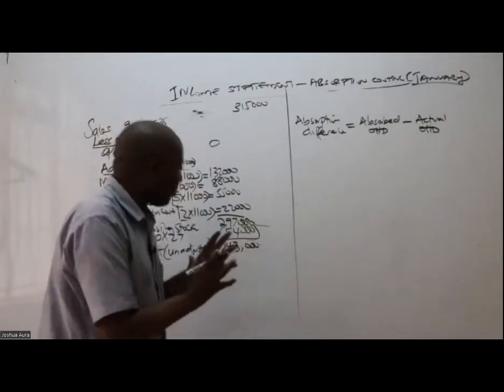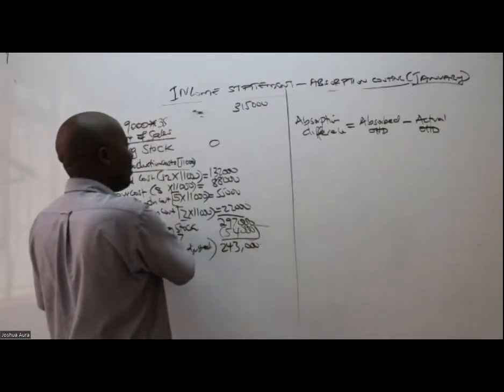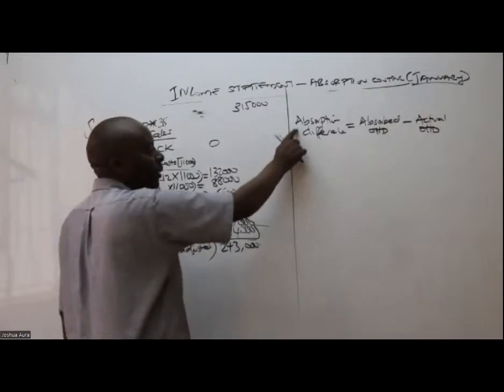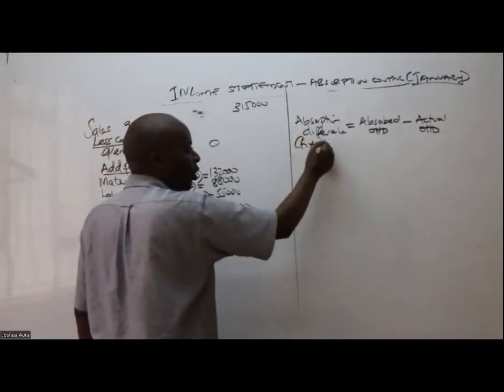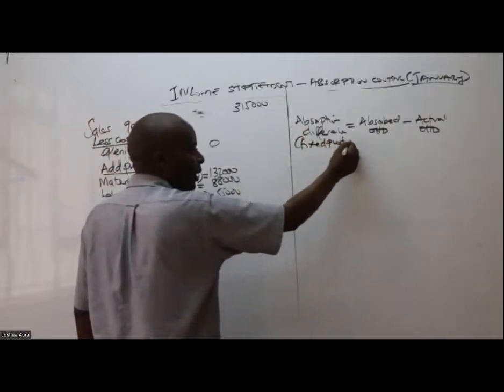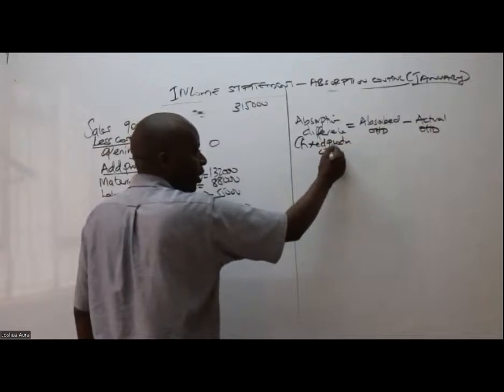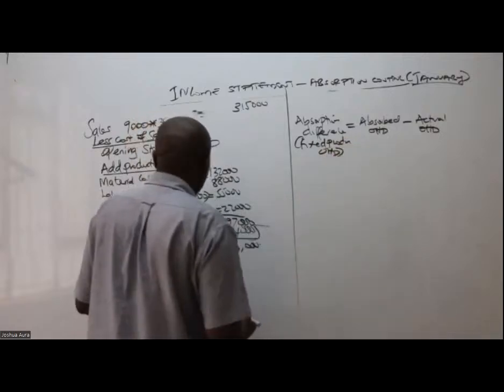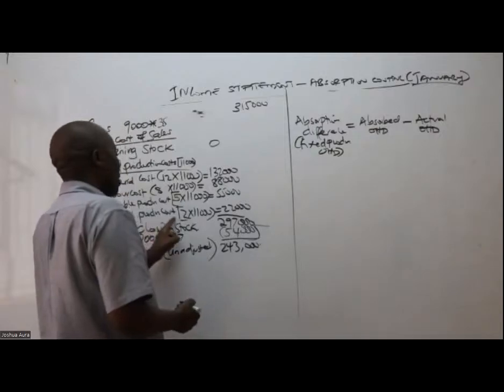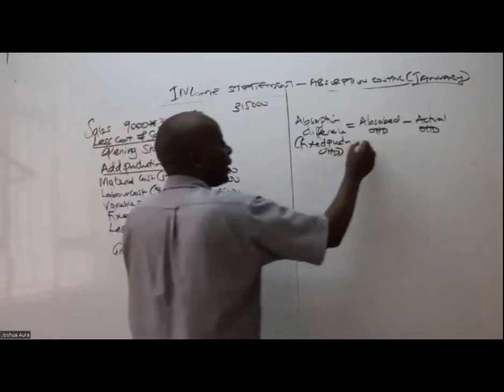So into my production, I absorbed, remember this is absorbed, it's in terms of fixed production overhead only. So you can see here the fixed production that we absorbed was 22,000.